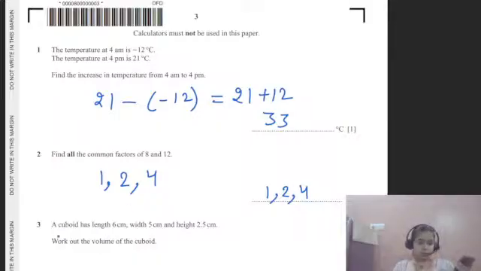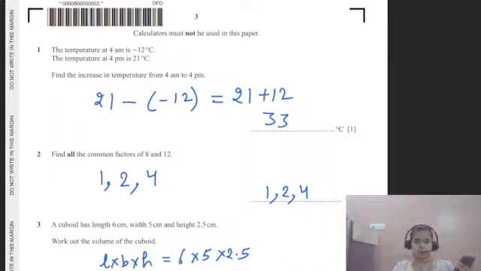Next question is a cuboid has length 6 centimeter, width 5 centimeter and height 2.5 centimeter. Work out the volume of the cuboid. So for that, volume of the cuboid, simple formula, length times breadth times height. Remember that's a non-calculator paper, so we have to do all the calculation by ourselves.